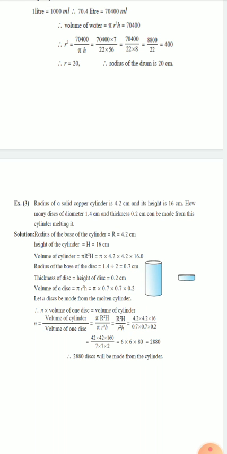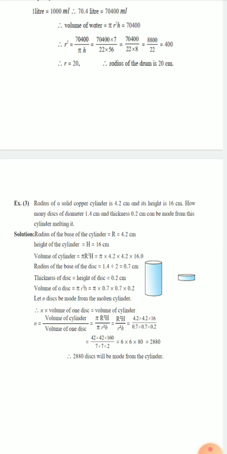So there is a copper cylinder whose base radius is 4.2 centimeter and height is 16 centimeter. From this copper cylinder, we have to cut discs whose diameter is 1.4 centimeter and whose thickness is 0.2 centimeter.